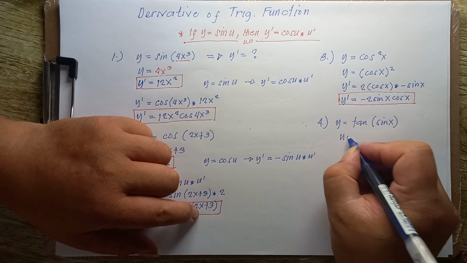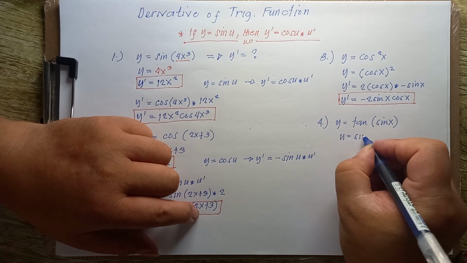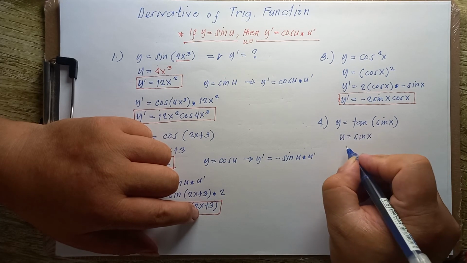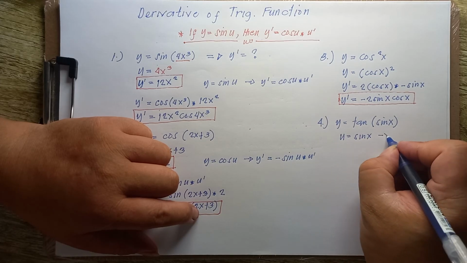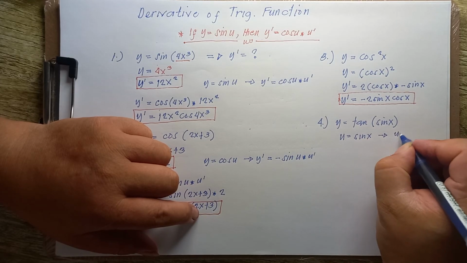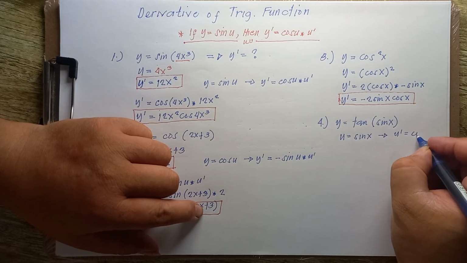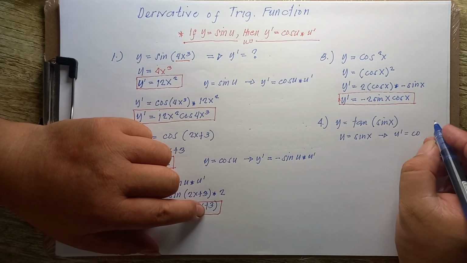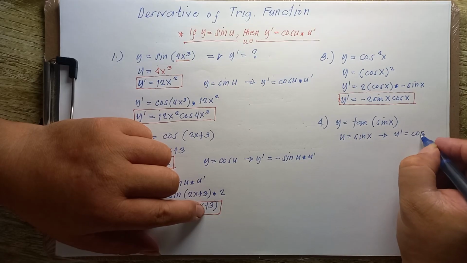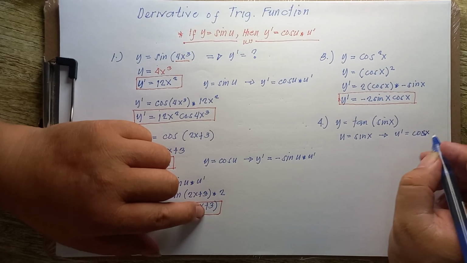What is u? It is actually sine x. Now what is its derivative? u prime is the same as cosine x. So that is the derivative.